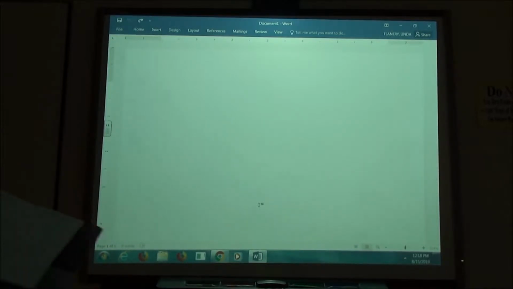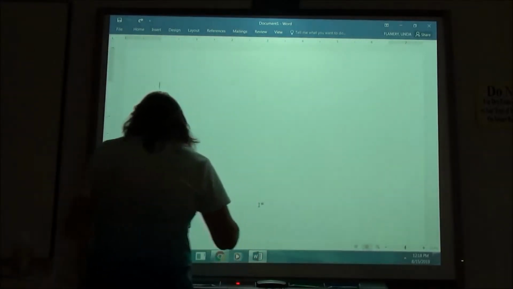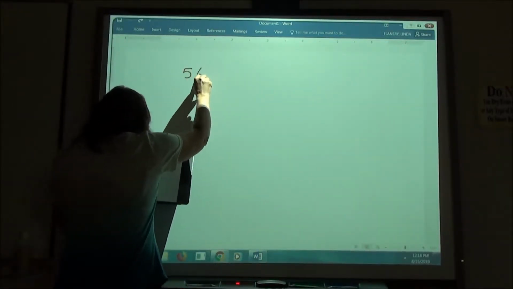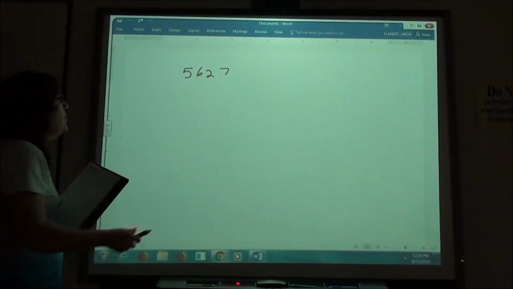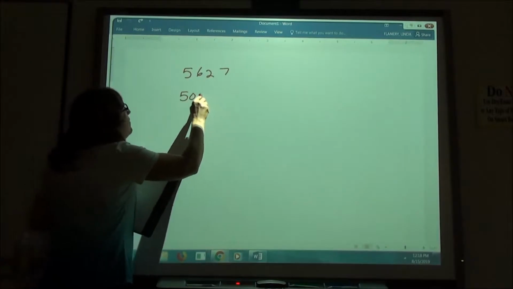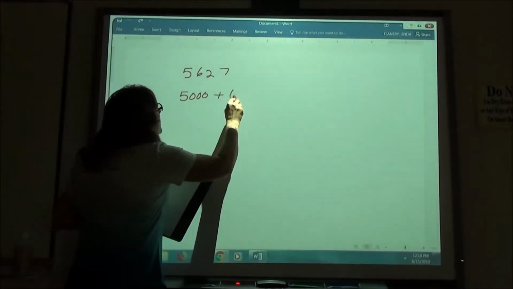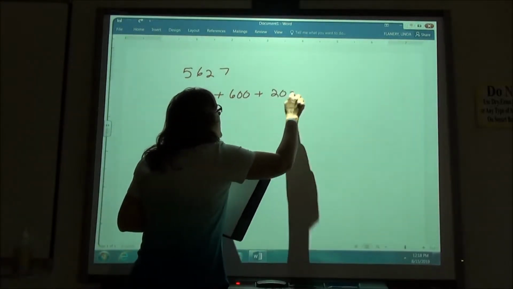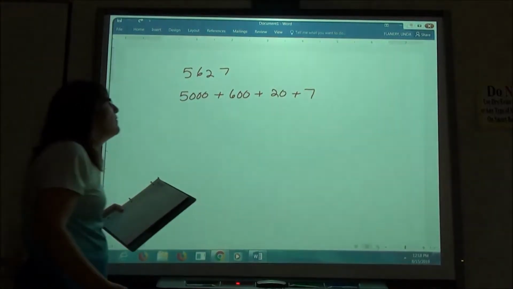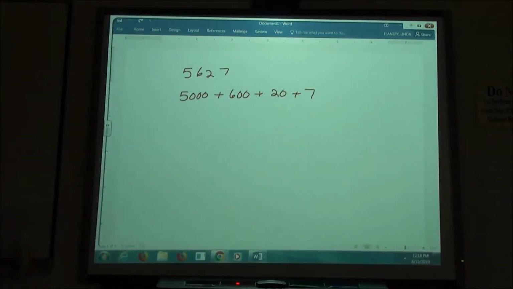All right, so the next one we have 5,627. Again, they want you to put that in expanded form. So you're going to do the 5,000 plus the 600 plus the 2 stands for 20 plus the 7. 5,000 plus 600 plus 20 plus 7.